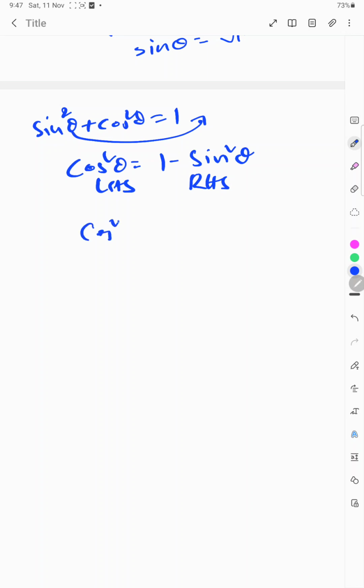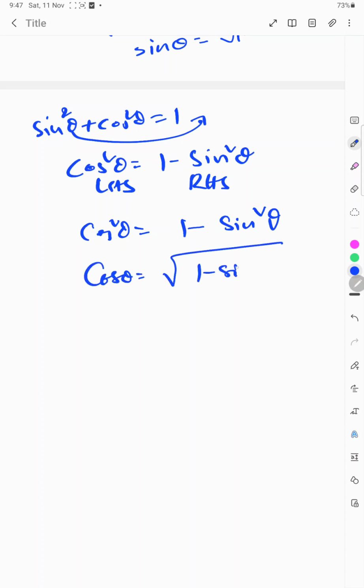So cos square theta is equal to 1 minus sin square theta. So cos theta is equal to root over 1 minus sin square theta, because applying square root on both sides, or the square goes to the RHS as a root.